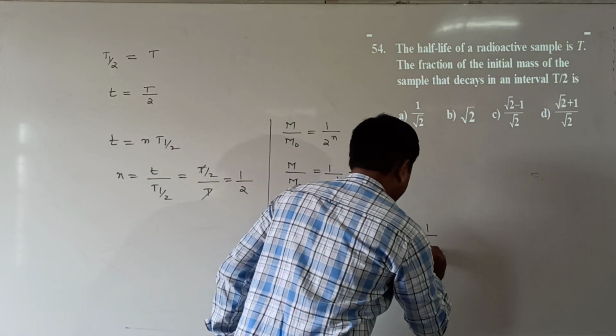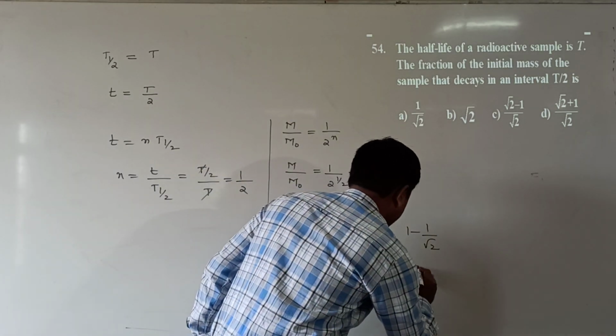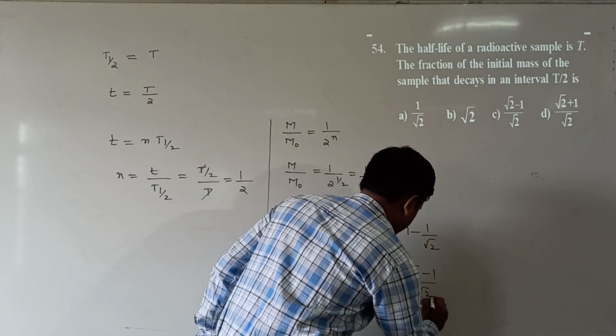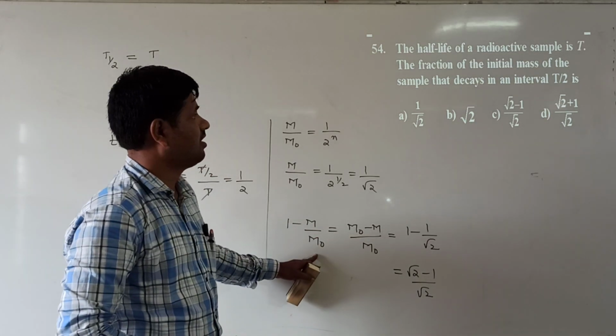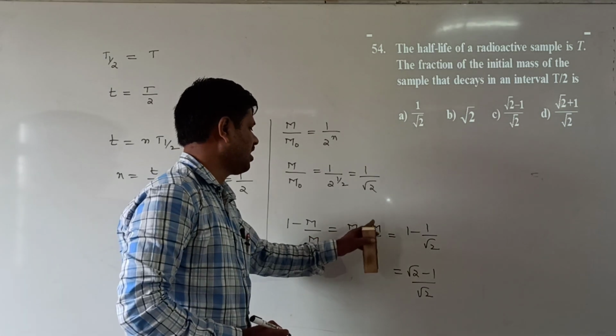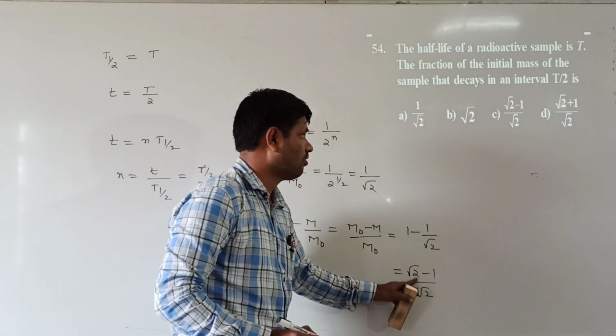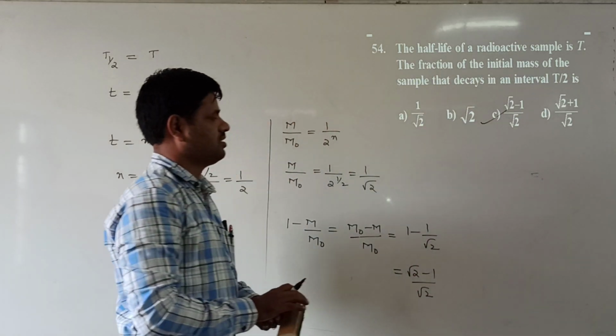This is 1 minus 1 by root 2, which is equal to root 2 minus 1 by root 2. So the sample that decays in the time interval T by 2 is m naught minus m by m naught, and that value is root 2 minus 1 by root 2. Which option is correct here? C option is correct.